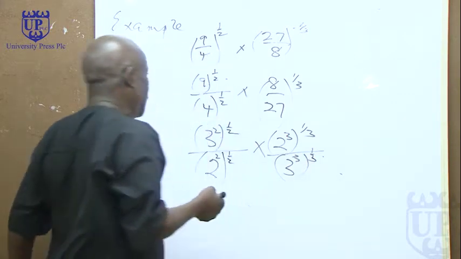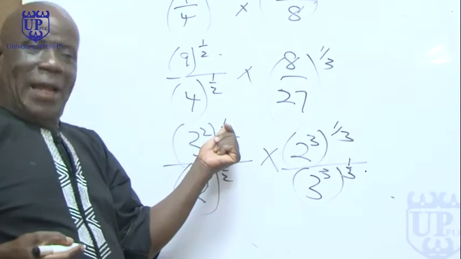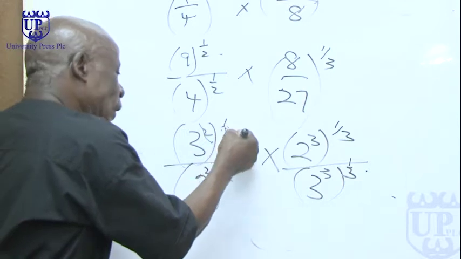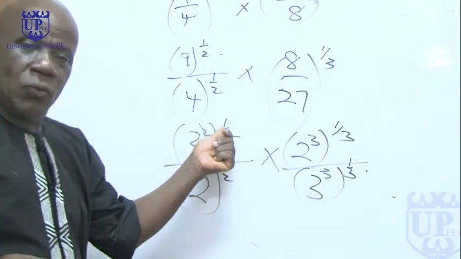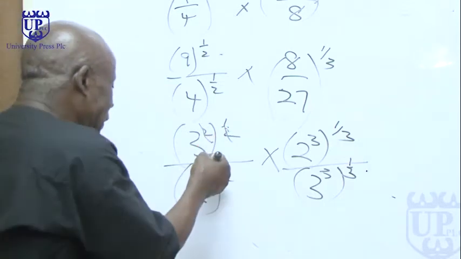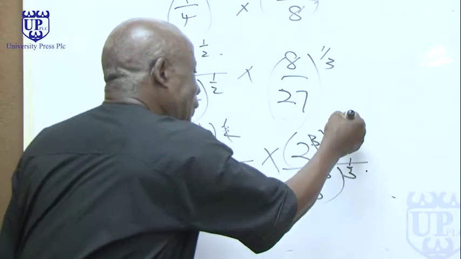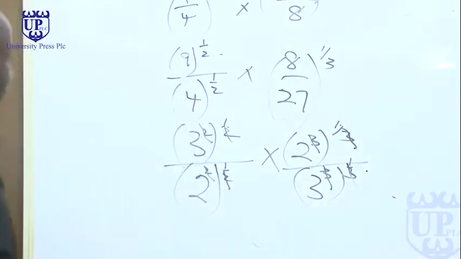Please take note. Look at this and this. They are on the same line, so you are free to cancel them. This one cancels this, this one cancels this, and this one cancels this.